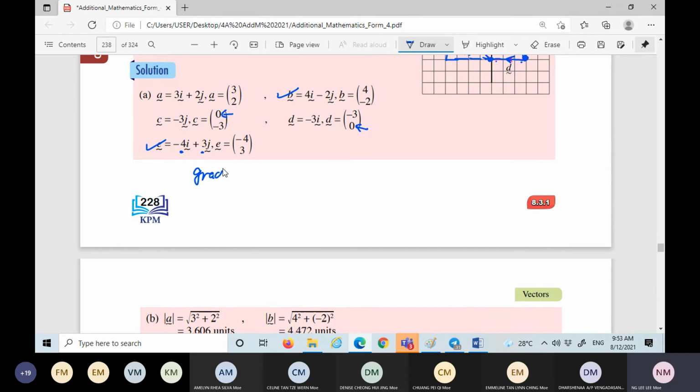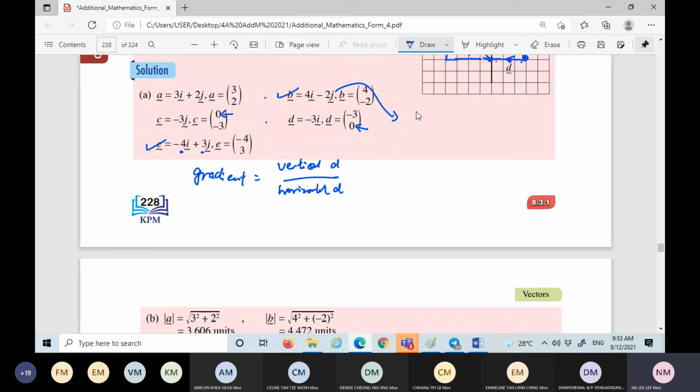The gradient is the vertical distance divided by the horizontal distance.